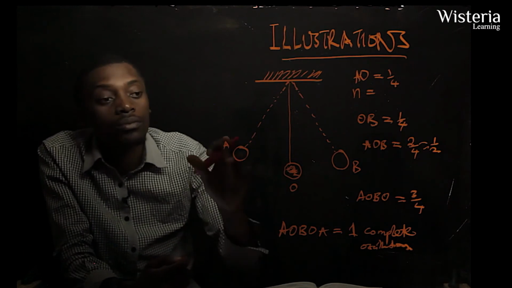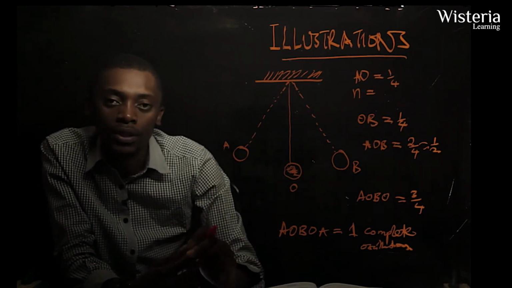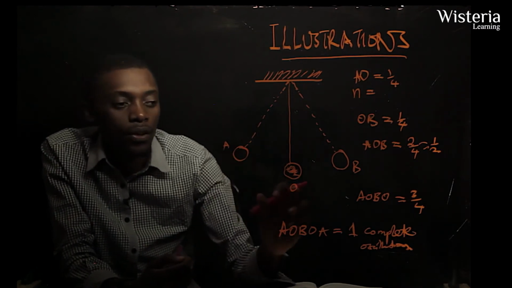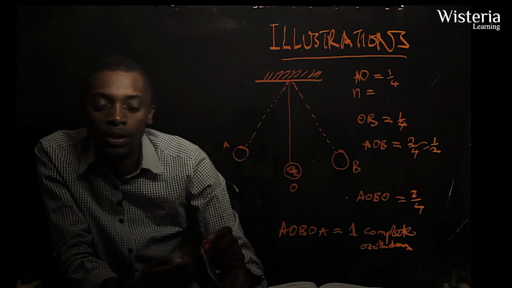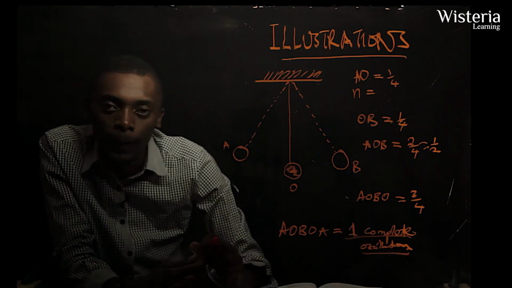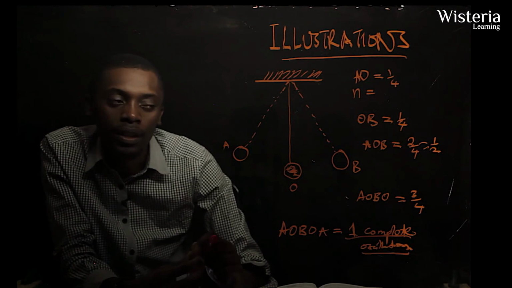And if it swings from A through O to B and back to the mid position, we say the number of oscillations is 3/4. And finally, if it swings from A through O to B and back to the position we started from, we say the number of oscillations made is one complete oscillation. So that's how we can relate how the bob swings between positions A and B.